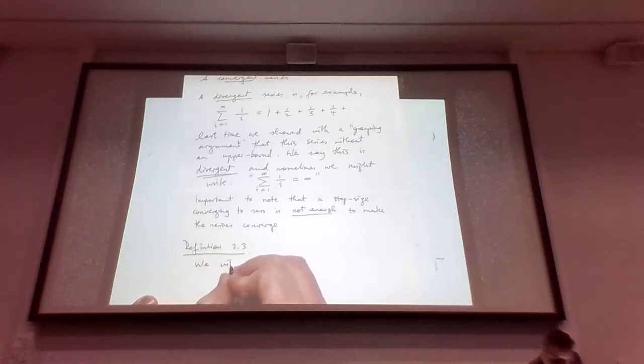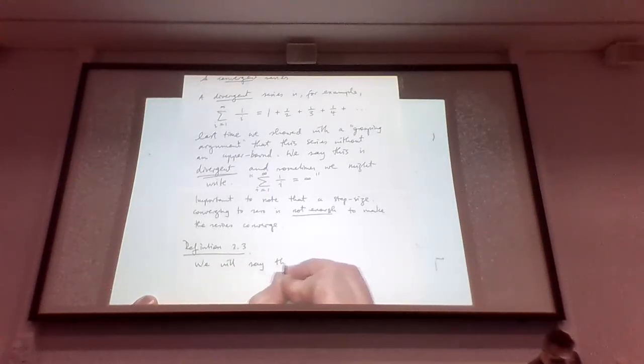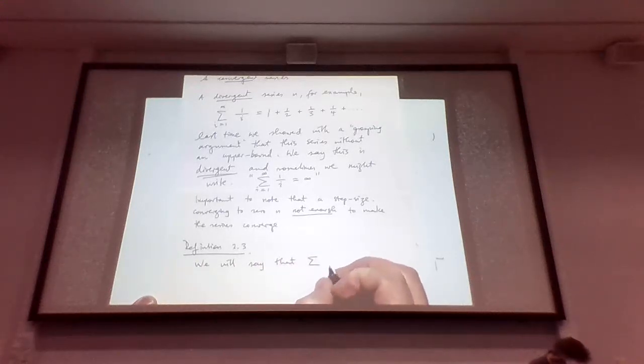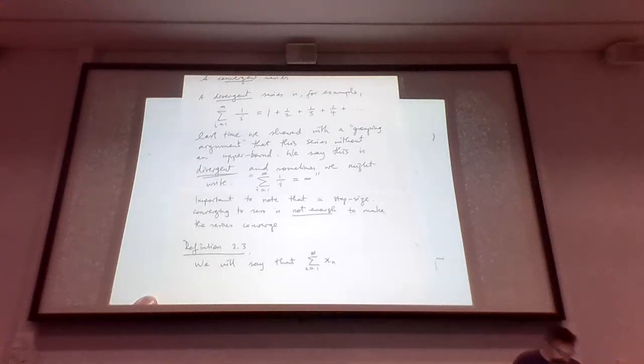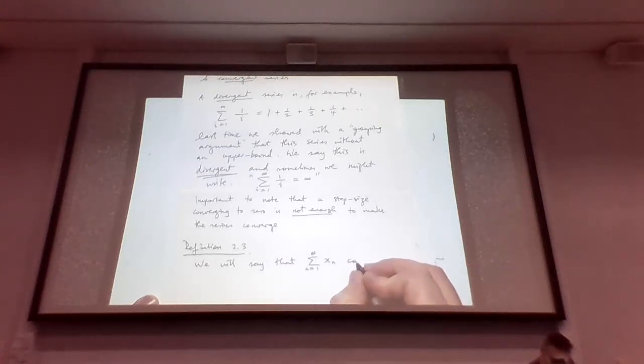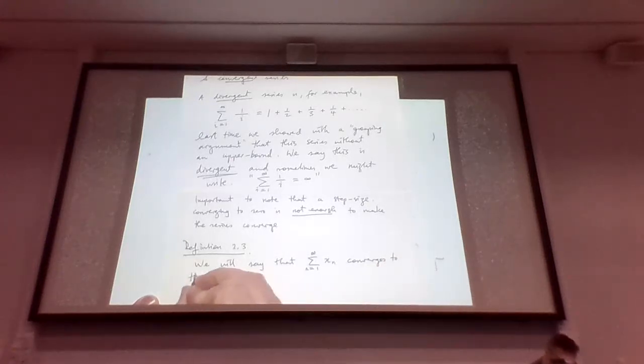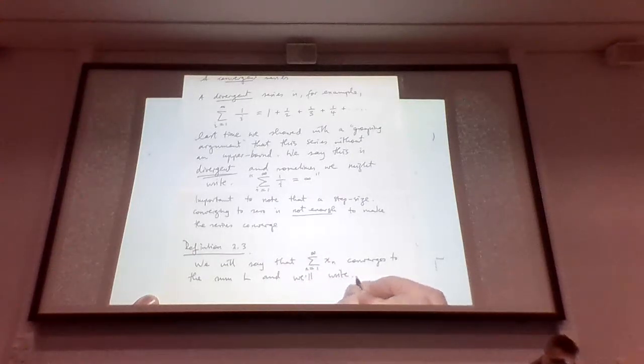So we will say, I use the same notation, we will say that a series like this converges to L, converges to the sum L, and we'll write that as simply that the sum of the series is equal to L.